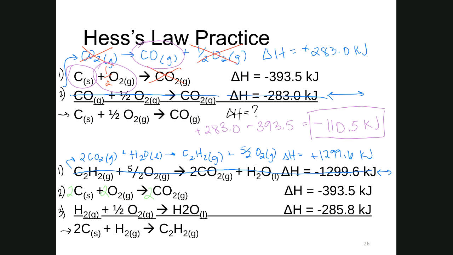We have to do the same thing to the delta H. So this delta H is going to be multiplied by 2 as well. So we take negative 393.5 multiplied by 2. Our new delta H is negative 787, and this number goes away.